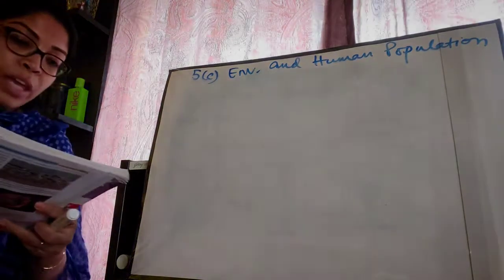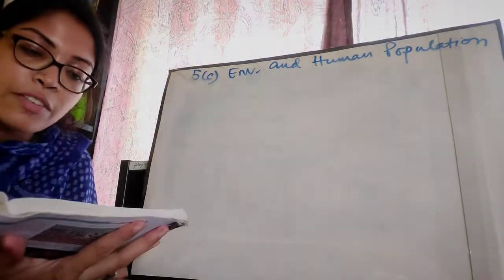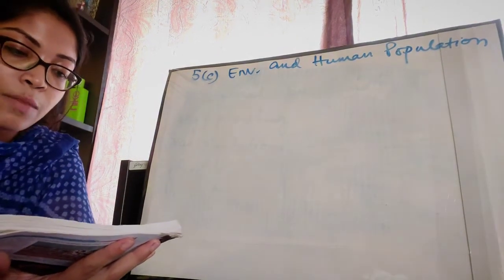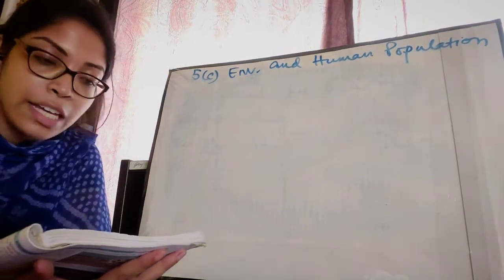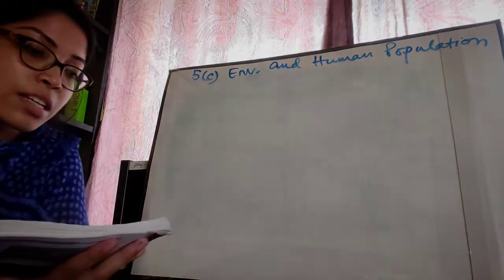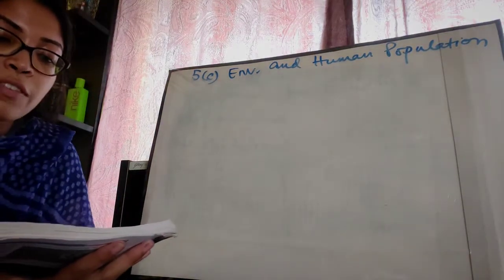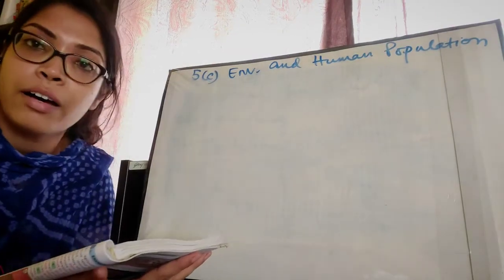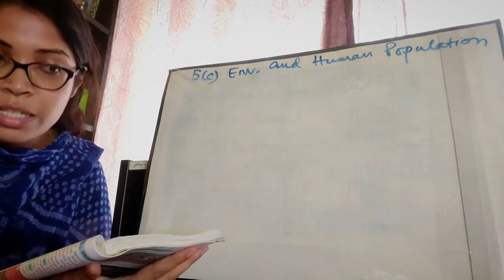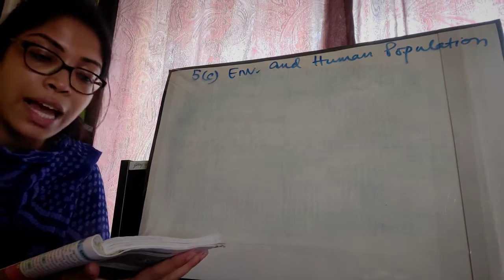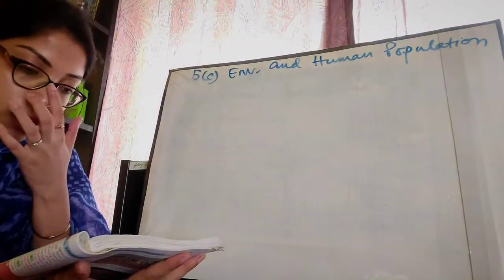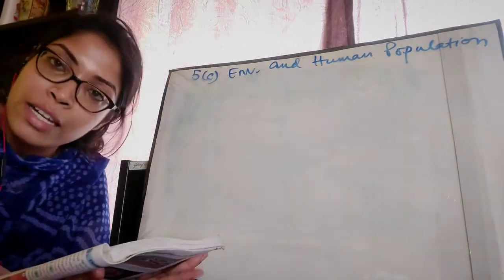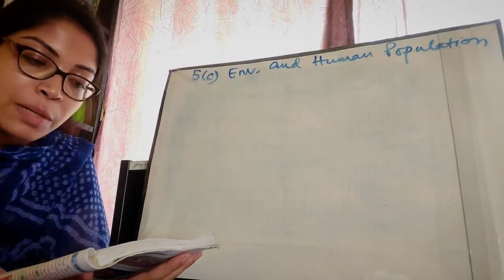Environment is the sum total of living and non-living things which exert influence on living organisms present in a particular area. So we all know what environment is. It is better to use the proper words, biotic and abiotic, instead of living and non-living things, and they exert influence on the living organisms present in a particular area.